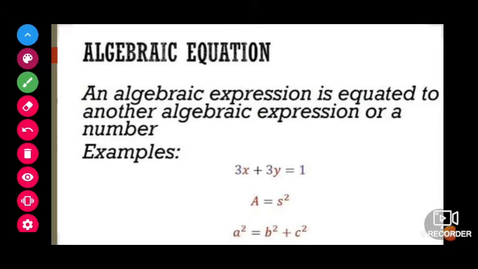What is meant by an equation? If two expressions are equated together, or one expression is equal to some constant or some other number, anything, children. Basically, first we have an algebraic expression which is equated to another algebraic expression or a number.